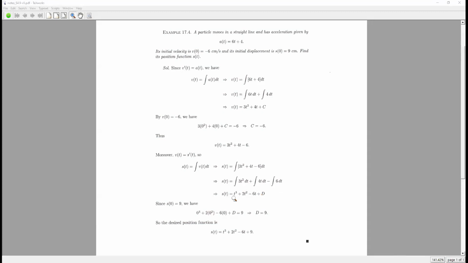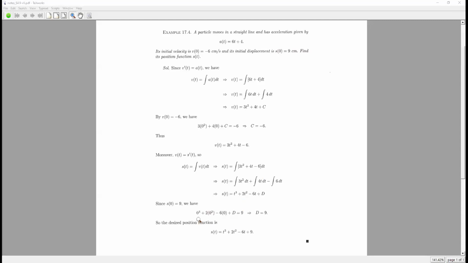Then we get s is this, plus d, an arbitrary constant. I use d here because I have used c here. Now to determine d so that this initial condition is satisfied, I plug in 0 for t here and set the result equal to 9.